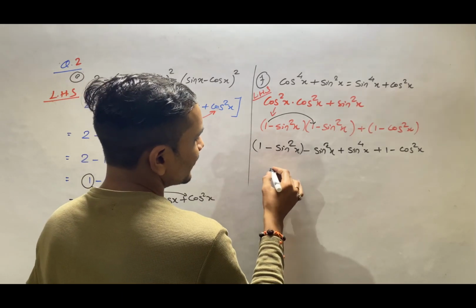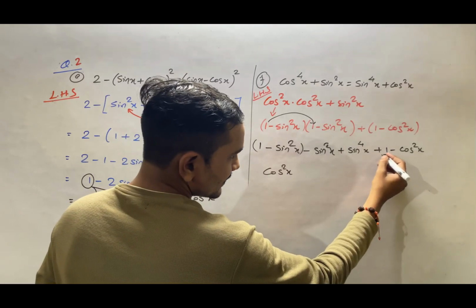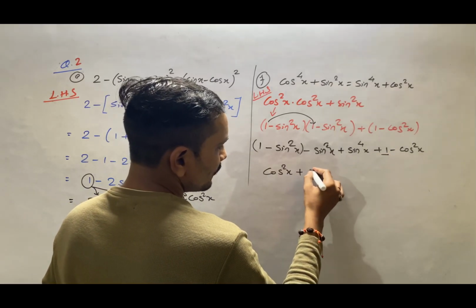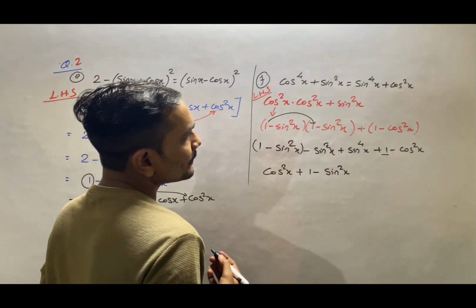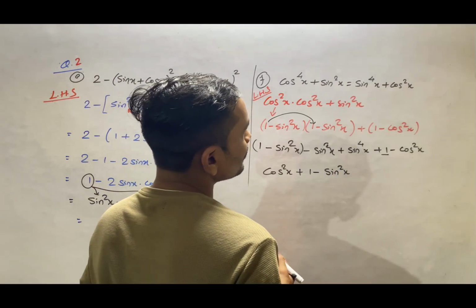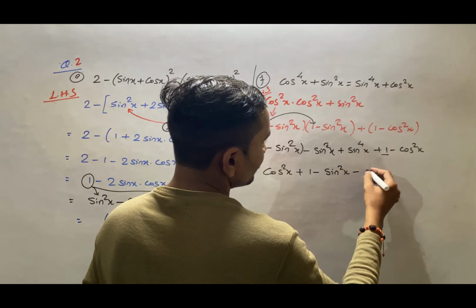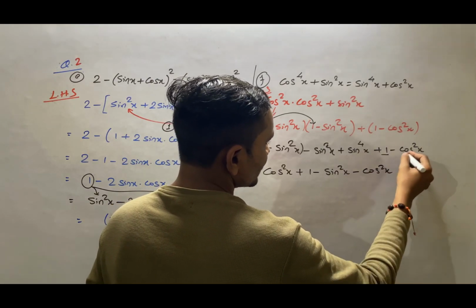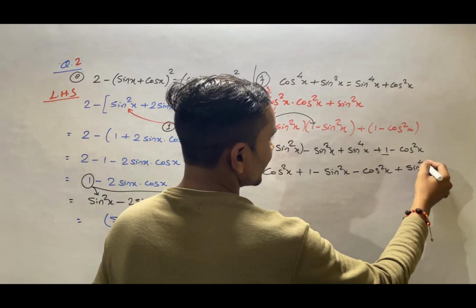We can say this is cos square of x, and with this one we can write again one negative sine square of x and negative cos square of x, and this sine raised to 4x as it is.